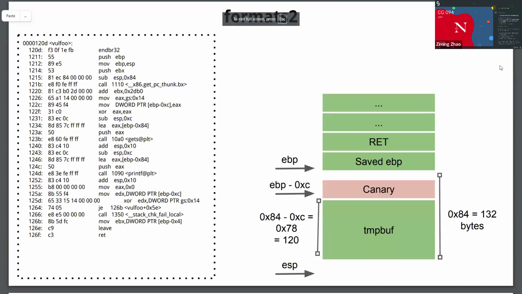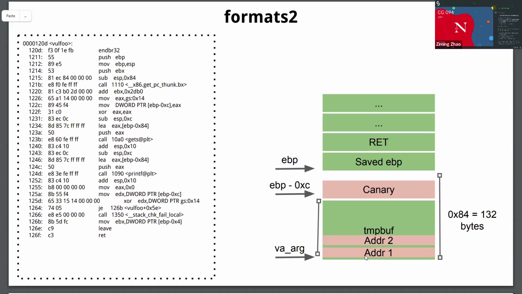Okay, let's say. So the stack will look like this. There's a return address, saved EBP, canary, the temp buffer, which is 120 bytes. And in the temp buffer, we have our addresses 1 and 2. Addresses are just numbers. So some of those bytes can be printable.